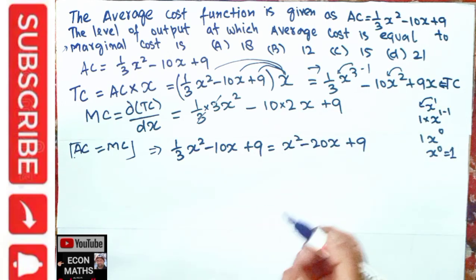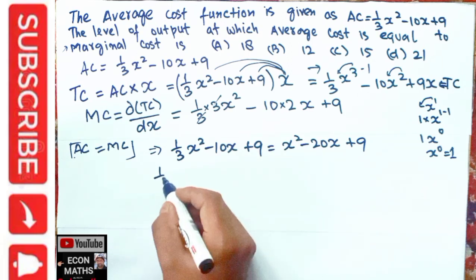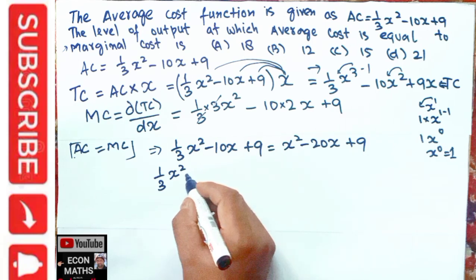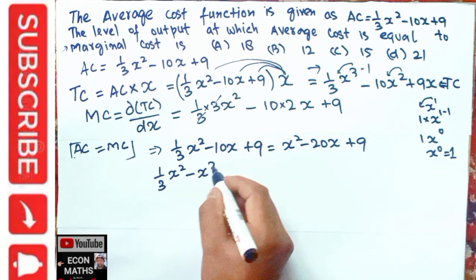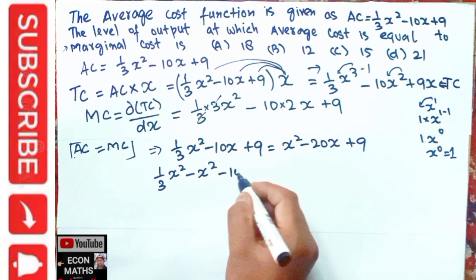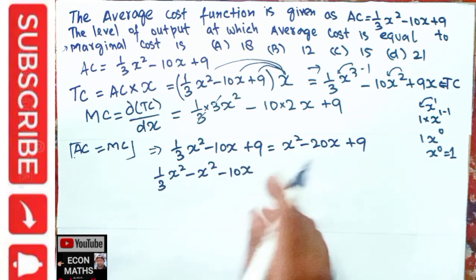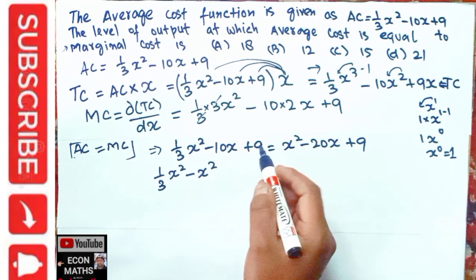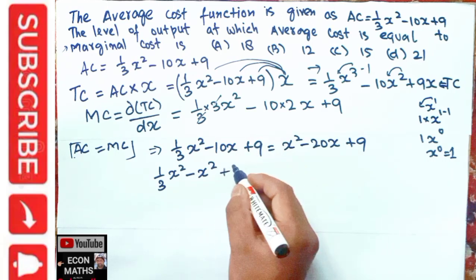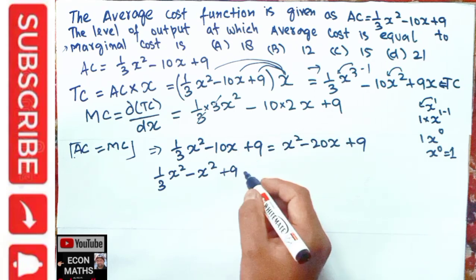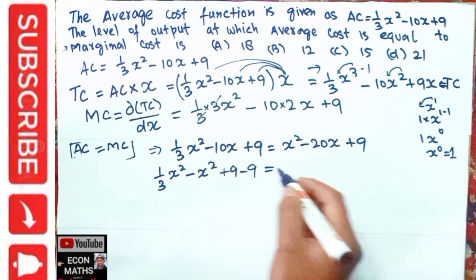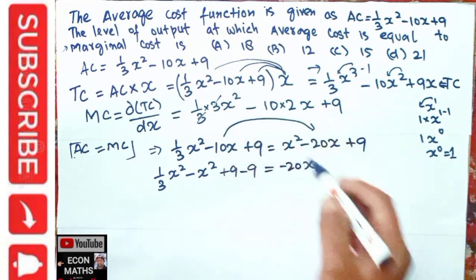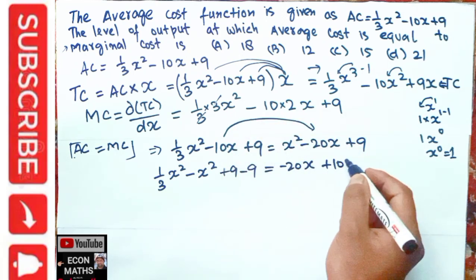Now solving this will come out to be 1/3 x square, transposing here, this is minus x square minus 10x, rather we will not transpose this, and we have 9 plus 9, and this when transposing will become negative 9 is equal to minus 20x, and we will transpose this minus 10x, this will become plus 10x.